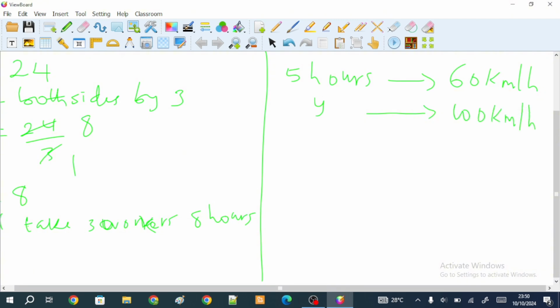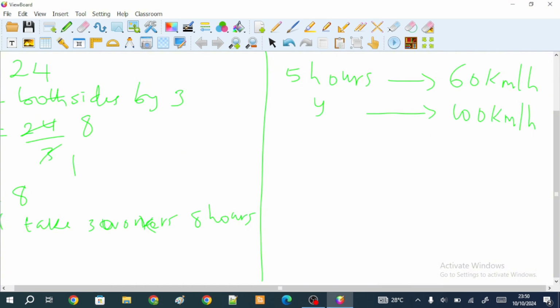So here we don't know this, put an arrow, and then 100 kilometers per hour. Okay, remember, in the ones we've been solving, the letter is always at the right hand side. It doesn't matter. So far, the same type of unit is on the same side. So if you're saying hours on the left side, let all the hours be on the left side.